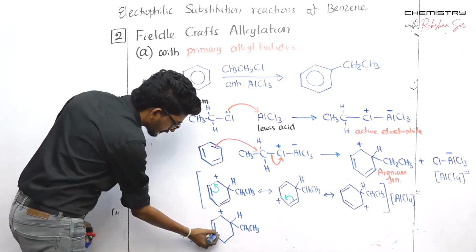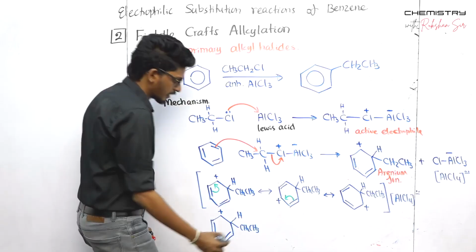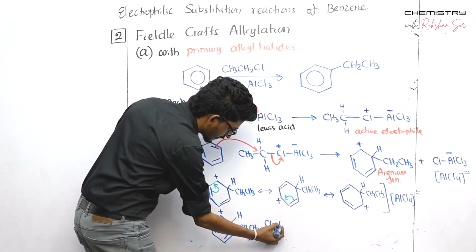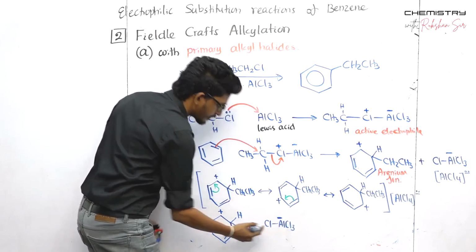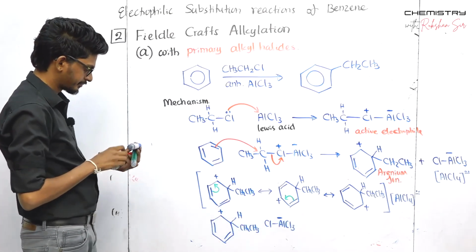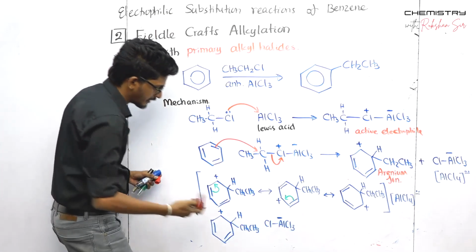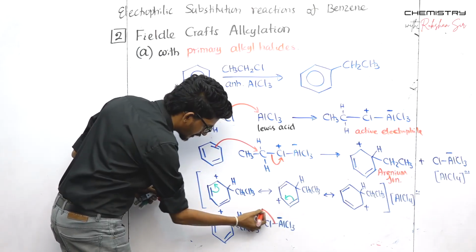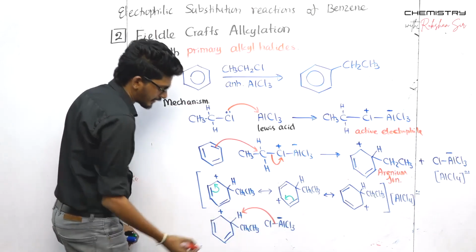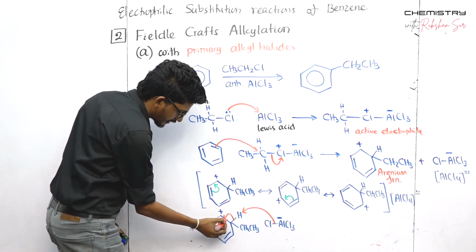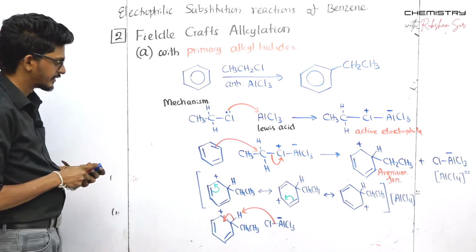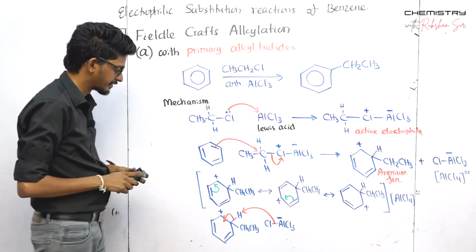And you have the AlCl4 minus here like this. Then with this bond, the chlorine comes to the hydrogen, and then the hydrogen will leave the two electrons to form the benzene ring again, to create the benzene ring again, right?